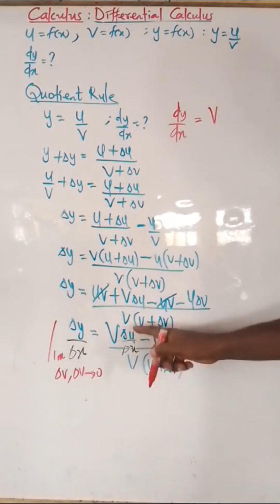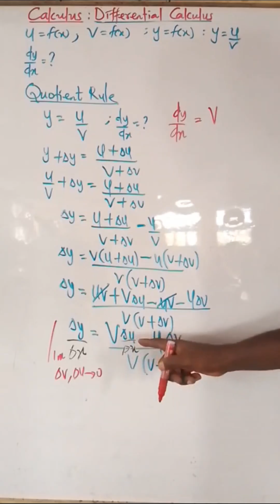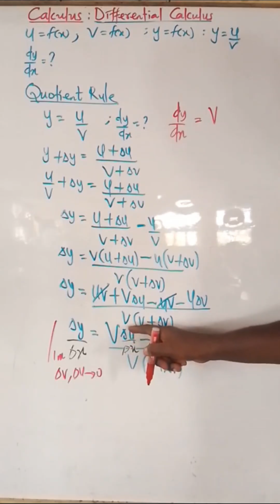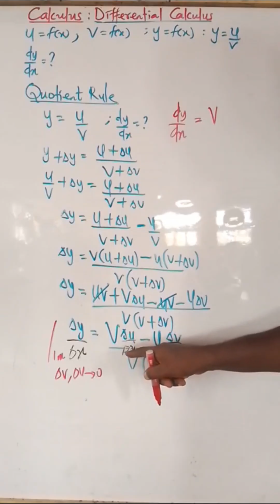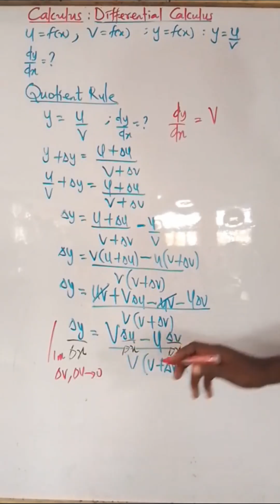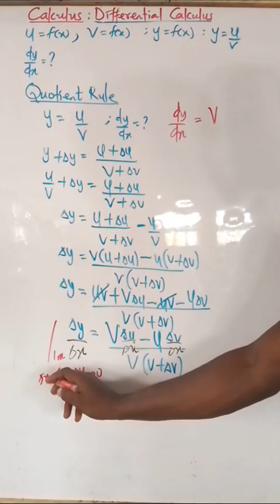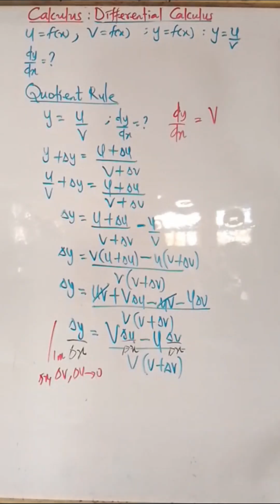Now note, what we have here is actually a function, change in u over change in x. So if you take the limit as change in x goes to 0, this one tends to what? Change in x, change in v, change in u tend to 0. So the whole of this turns to du dx minus u. The whole of this turns to what?